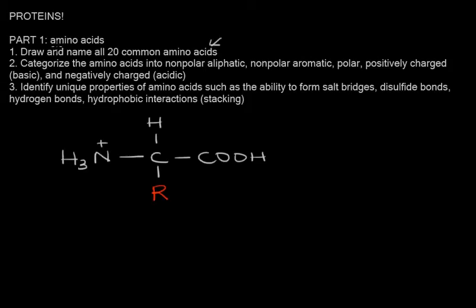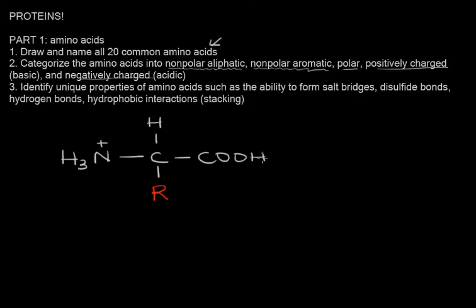Additionally, it's going to be important to categorize the amino acids into some categories that biochemists have agreed on. Nonpolar aliphatic, nonpolar aromatic, polar, positively charged, aka basic, and negatively charged, aka acidic.